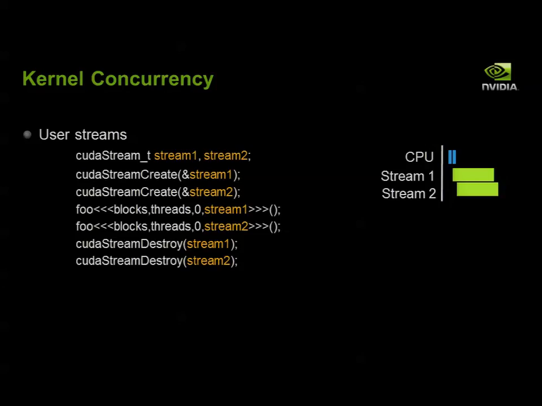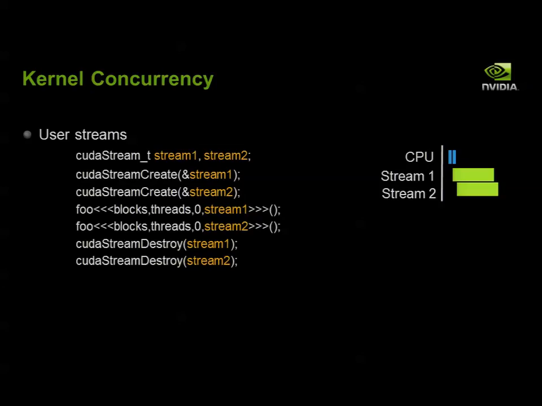Right? So assume that you're launching 2 kernels, and the first kernel uses 100,000 threads, and the second kernel uses another 100,000 threads. Well, they're not going to execute concurrently. So you're not guaranteed that kernels that are in separate streams will execute at the same time.